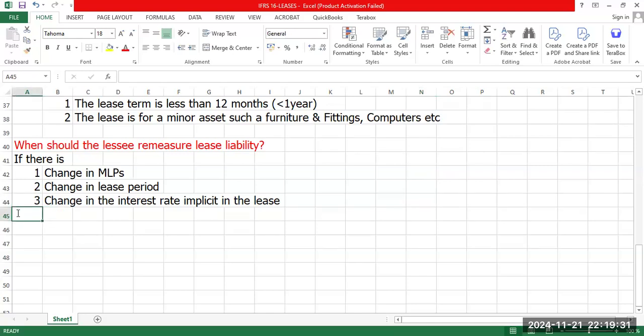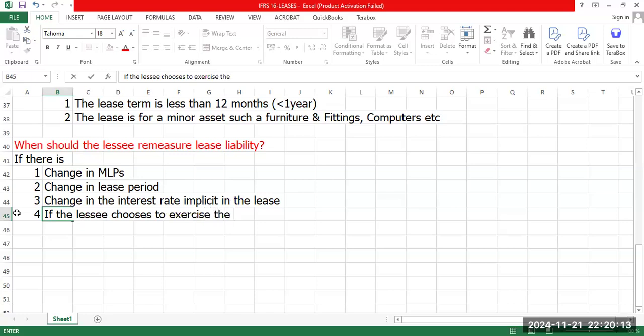Then next, if there is, if the lessee chooses to exercise the secondary period of the lease.